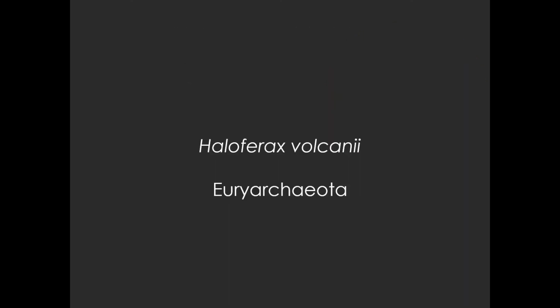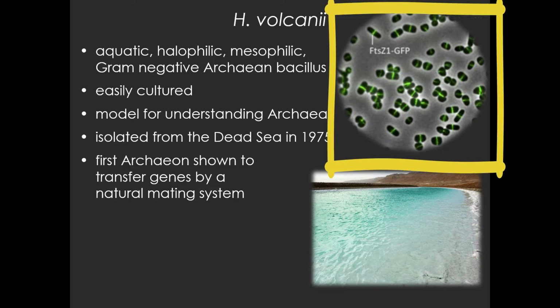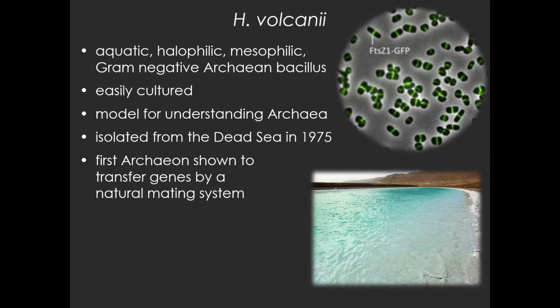Next up, we switch gears and move over to the other group of prokaryotes, the archaeans. First up, we have a member of the Euryarchaeota, Haloferax volcanii. And as you can see from the picture up there, we have a bacillus, which, because it's an archaean, is always going to be gram-negative.